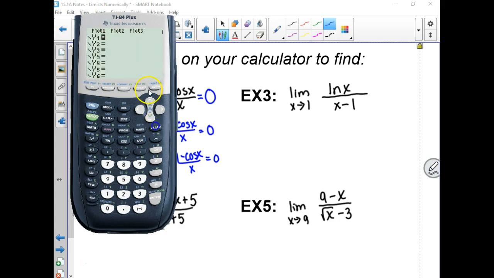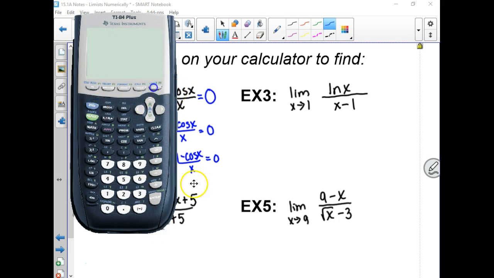Okay, let's type it in. I'm going to do this, but type it in on your calculator also because I want to make sure you know how to get everything typed in right. So you do natural log of x divided by x. Actually, we need parentheses around the denominator, x minus 1. Make sure you've got that typed in correctly.